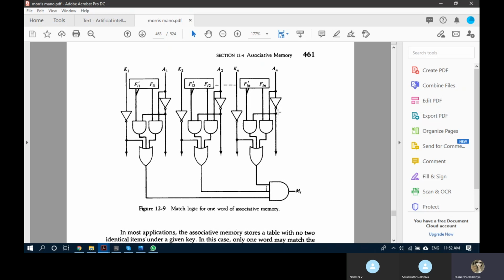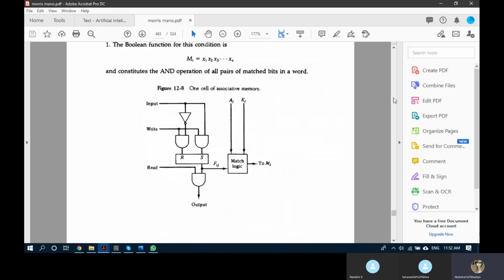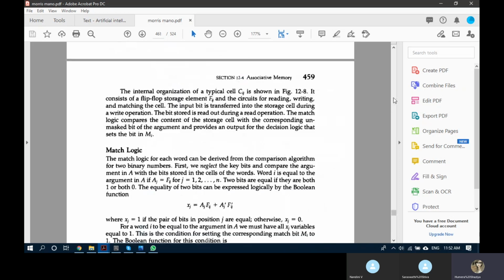This AND operation is aj dash and fij dash. These two correspond to this equation.